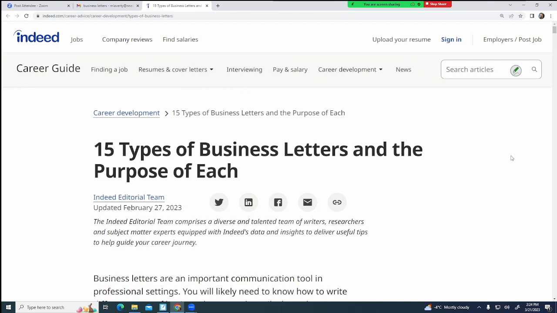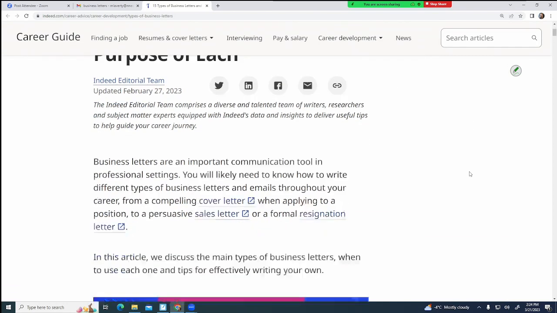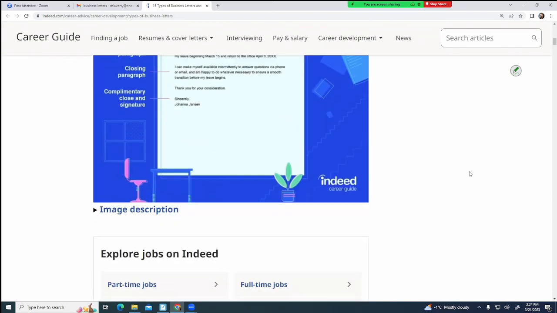This article is called 15 Types of Business Letters and the Purpose of Each. They've got lots of tips on writing business letters that talk about the formatting. But I like this article because it's very useful, and it provides you with 15 different types, different categories, and each one has a different purpose.